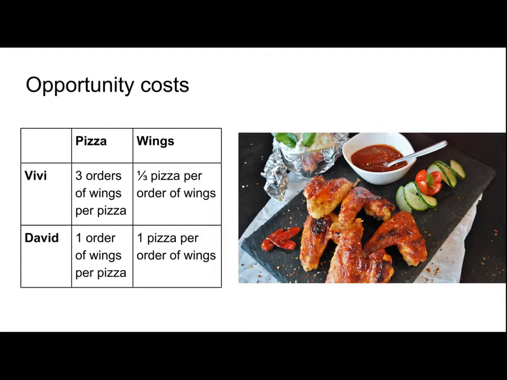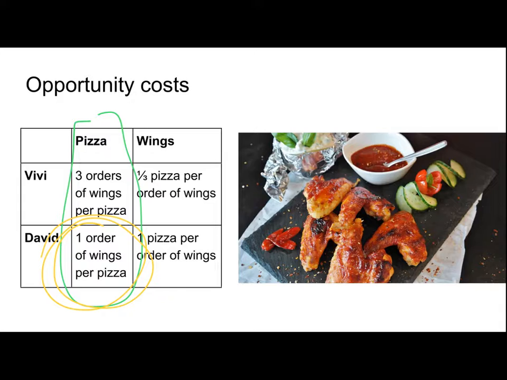a person has a comparative advantage in a sector if their opportunity costs are lower. So when we look at pizza, we see that David's opportunity cost of pizza, one order of wings per pizza, is much lower than Vivi's opportunity costs.